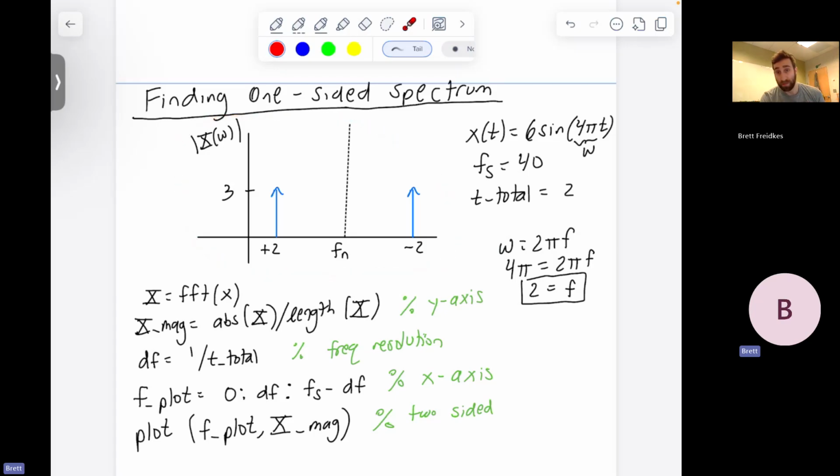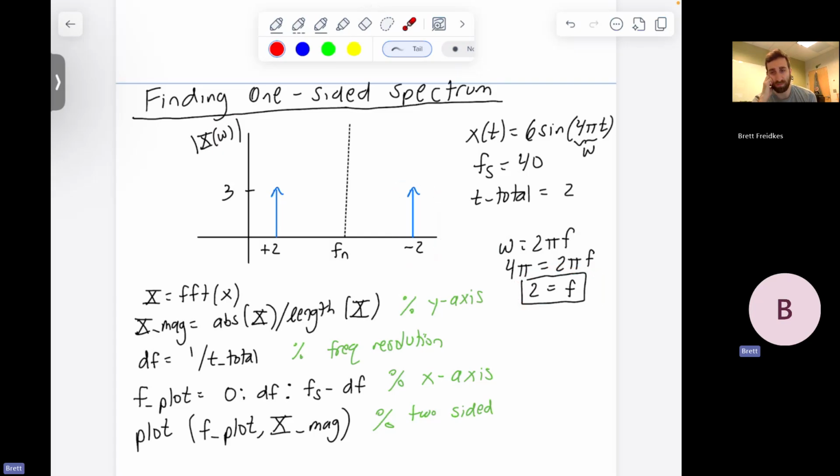In MATLAB, we know from the FFT that we will end up with amplitudes at both positive and negative frequencies. This is a consequence of the fast Fourier transform. And we'll see that we'll have frequencies at positive 2, because again, our frequency is 2. And we'll also have the corresponding negative signal of that frequency.